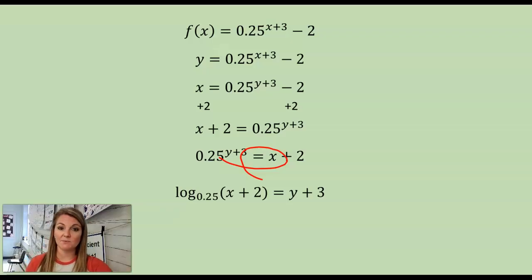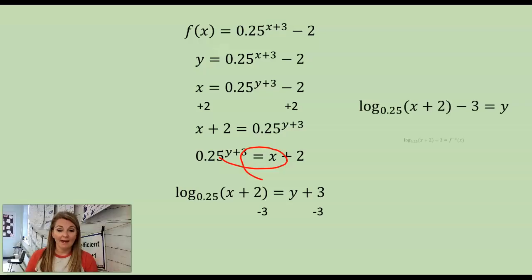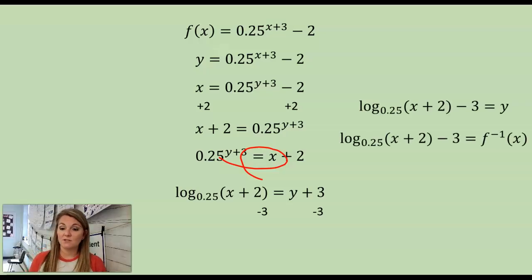Okay, so my base was 0.25, it stays my base. The next thing I hit was x plus 2, so the x plus 2 is my argument, and the y plus 3 is what it equals. Y is not by itself, so I need to subtract 3, and I have log base 0.25 of x plus 2 minus 3 is equal to f inverse of x. And all of this makes sense.